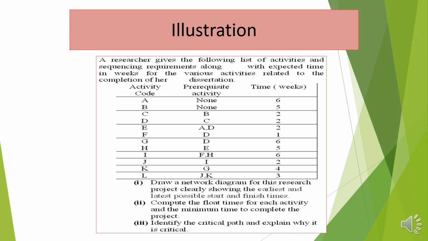So we are going to draw a network for this research project, clearly showing the earliest and latest possible start and finish times, to compute the float time for each activity and the minimum time to complete the project, and to identify the critical path and explain why it is critical.